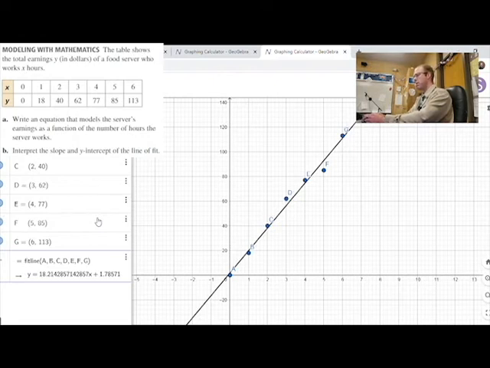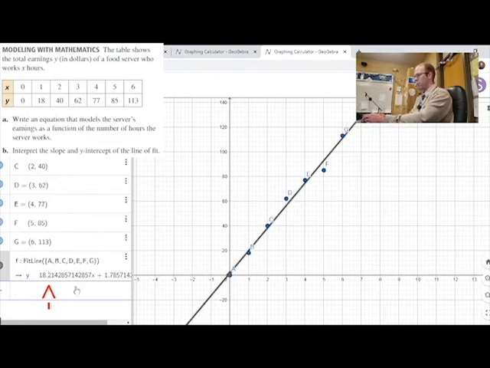And down here in the input box, we have our equation. All right, there's lots of decimal places, so we can just round this to 18.2x plus 1.8.